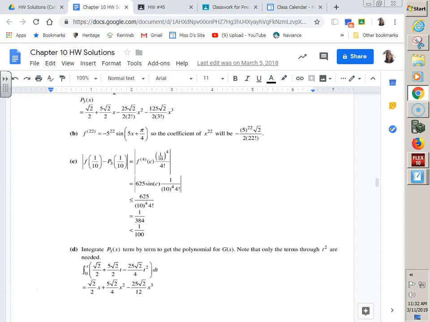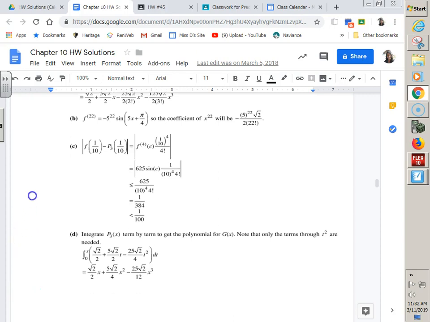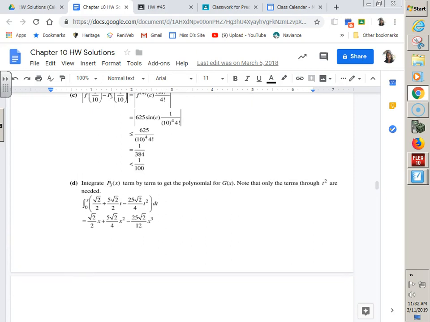Literally, the maximum value on 0 to 1/10 would be sine of 1/10. I plug it in, it's a decimal. We're using our calculator to do the Lagrange error bound. That's not the point. The point is, oh, okay, then we can just go 1. Yeah, we're not using sine of 1/10 as our maximum. We're using sine and cosine, the actual function bounded by the value of 1 for the whole function.